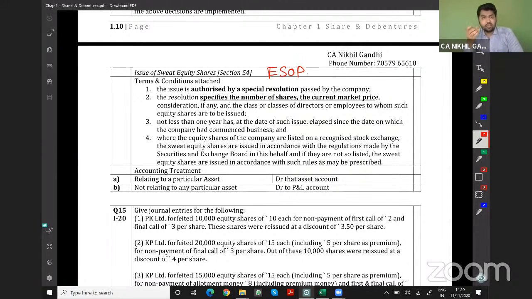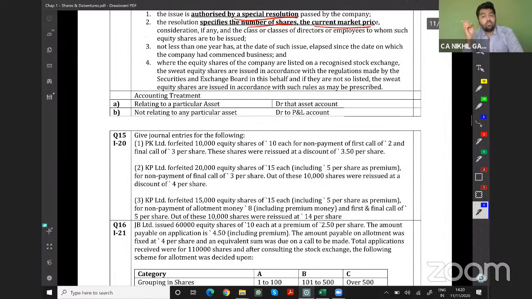So, what are the terms and conditions? The issue is authorized by special resolution. The resolution specifies the number, the current market price, and to whom these shares are allotted. What will be the accounting entry? If you are receiving something relating to a particular asset, you should debit that particular asset.